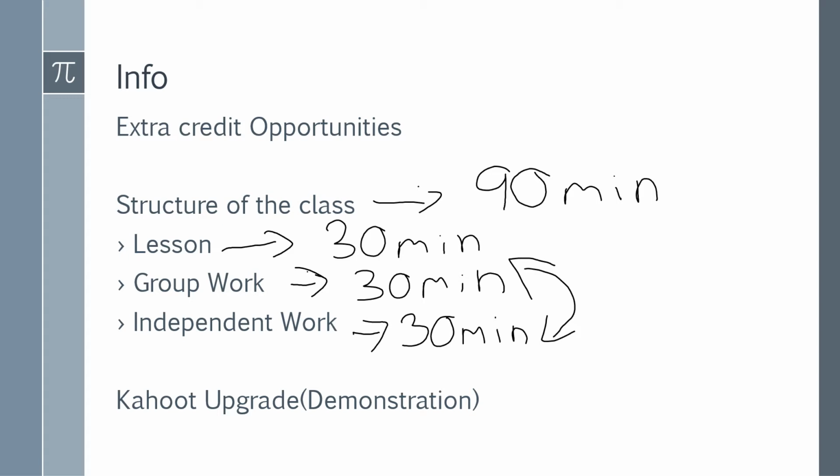So the lesson is still going to be 30 minutes, and that 30 minutes is me just talking about the lesson for today. But please be aware that the 30 minutes of group work may have to be dropped down to 15 or 20, but we're going to talk about that in detail in person, because there are other things to talk about, such as the announcements, the information that I go over with you.